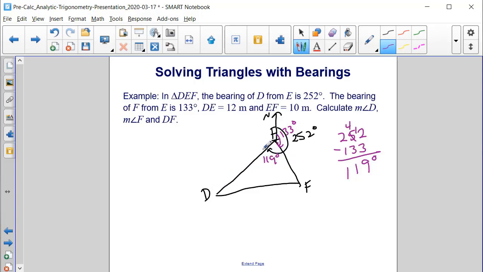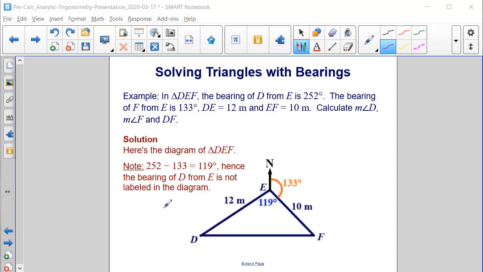We're also told that DE is 12 meters and EF is 10 meters. What we have to calculate is the measurement of angle D over here, the measurement of angle F over here, and the length of DF. The diagram given verifies what we found on the last slide.